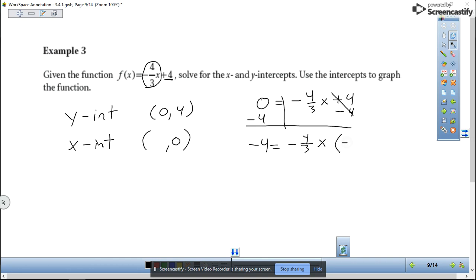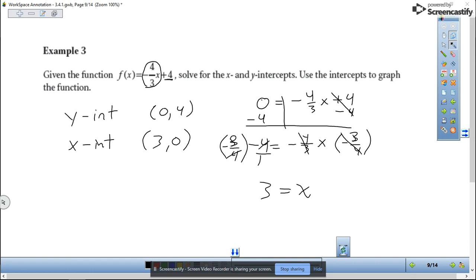And so then I need to multiply by negative 3/4 on both sides, and again that's negative 4 over 1. Those cancel, leaving me with just x. And then negative 4 times negative 3/4 cancels the 4s, and negative times negative is positive, so it's going to be 3.